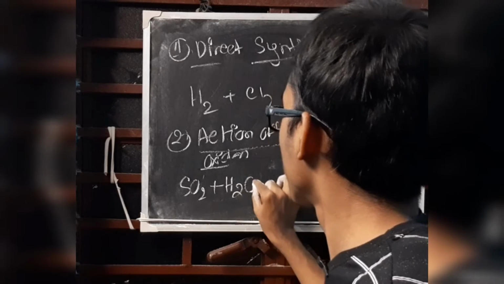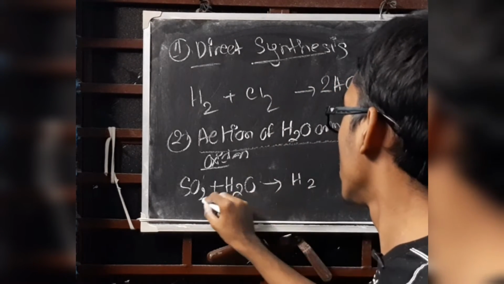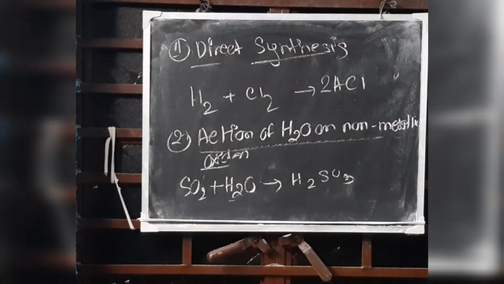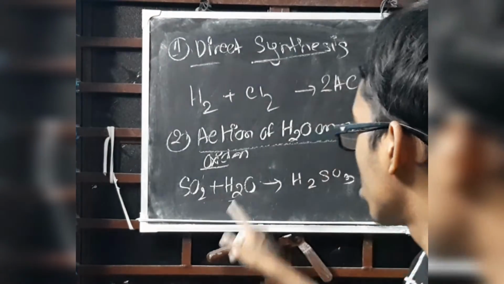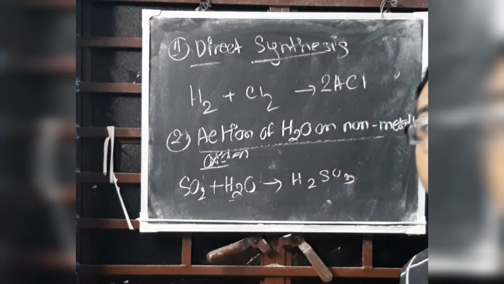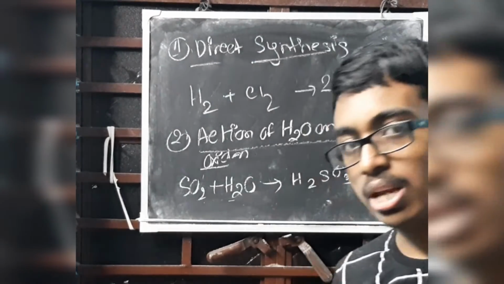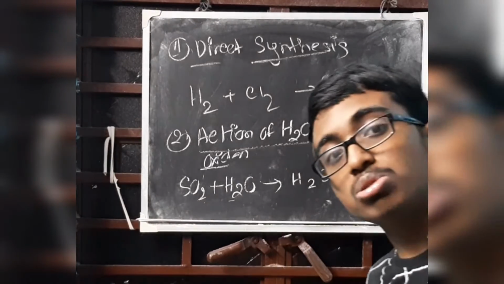What will happen? Common sense: H2SO3. So what is this acid? Sulfurous acid. Clear? Similarly, SO3 gives H2SO4, P2O5 gives H3PO4, N2O5 gives HNO3. You have to remember this. Clear? H2O plus CO2 is H2CO3.